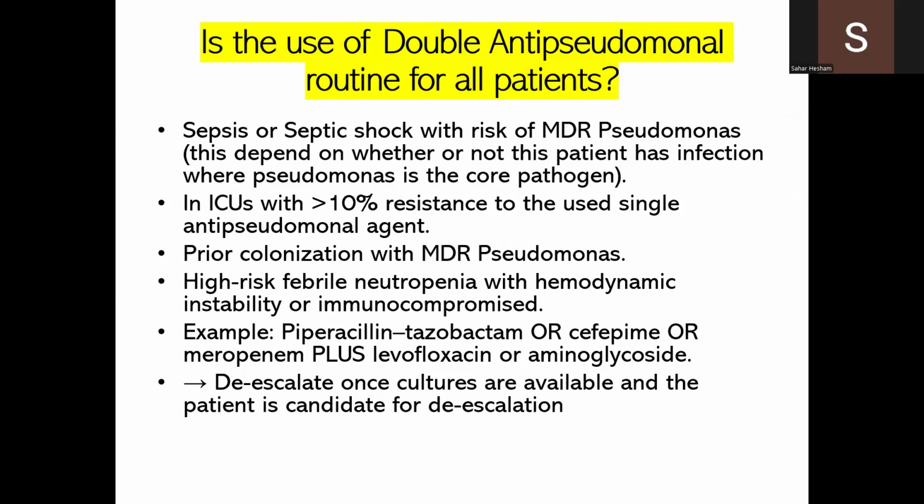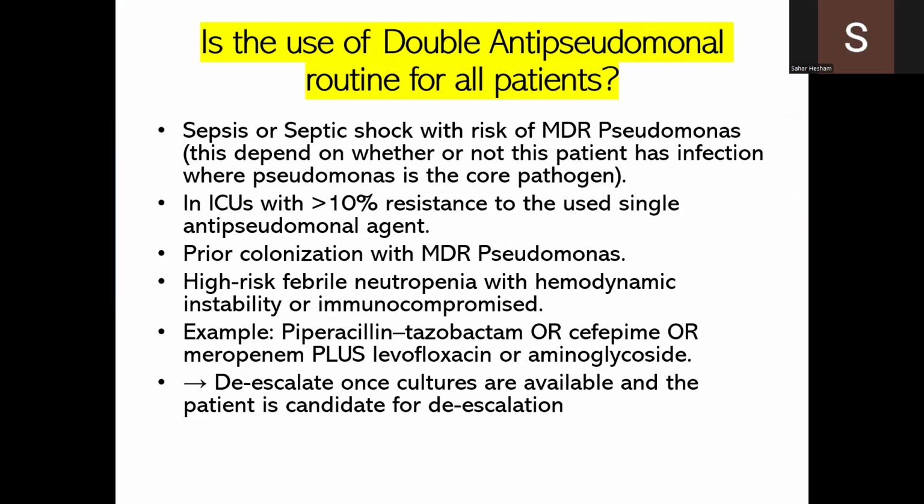Or the patient has a prior colonization with multidrug-resistant Pseudomonas, or a prior colonization with other multidrug-resistant organisms like Acinetobacter, because you know that multidrug-resistant Acinetobacter, especially CRAB, the carbapenem-resistant, should be treated with combination therapy.